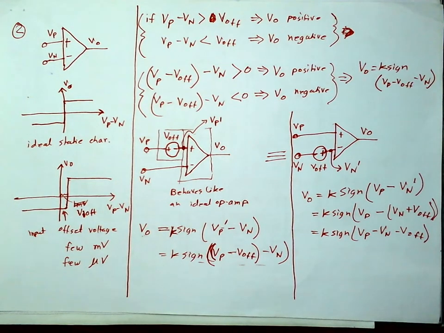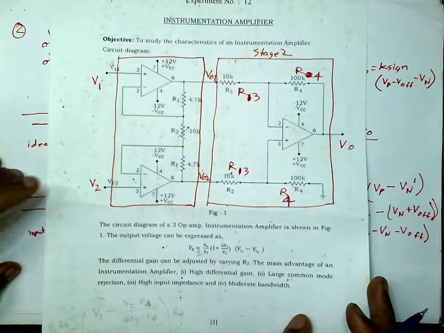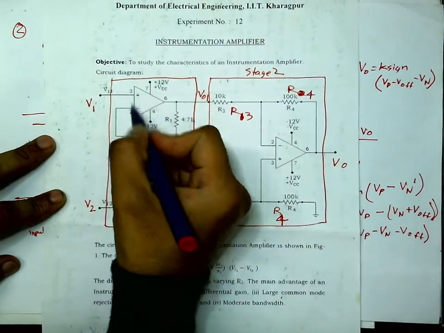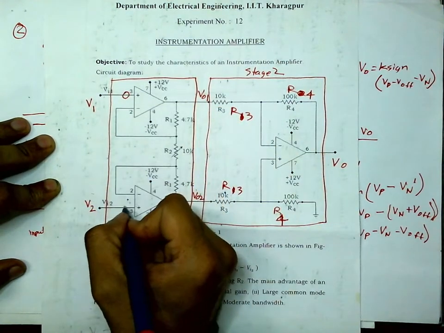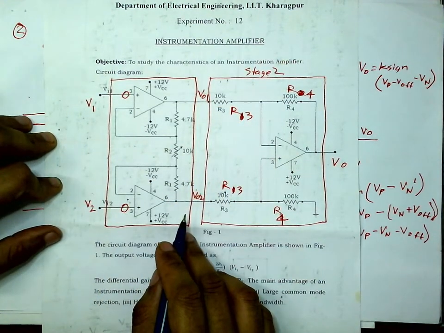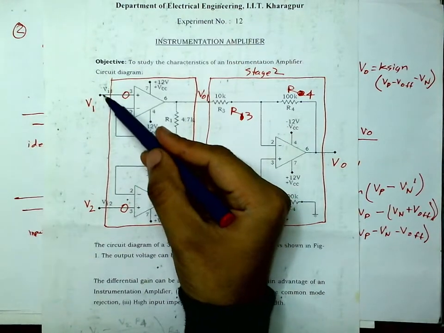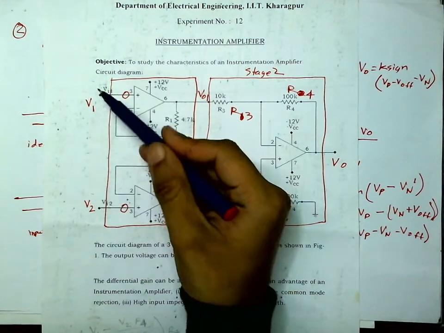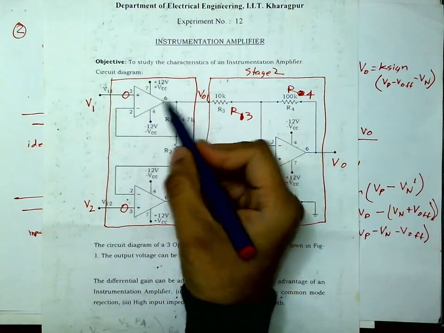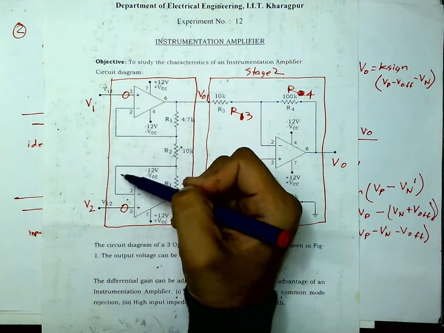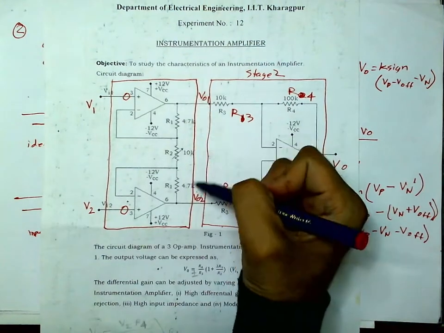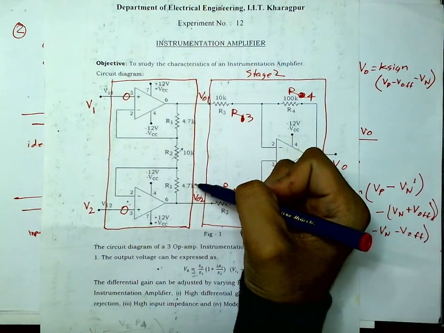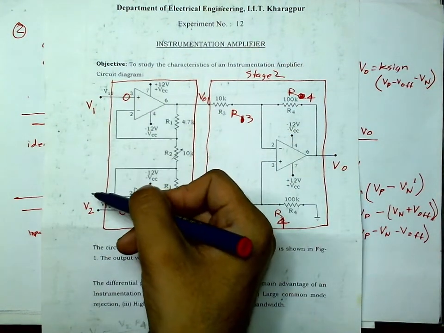Okay, cool. Now a little thought will reveal that if these op amps are not ideal, if they have these offset voltages here, then even if you apply the same voltage V1 and V2, because of these offset voltages and them possibly not being equal, you'll still have some voltage here, although these two voltages are equal.